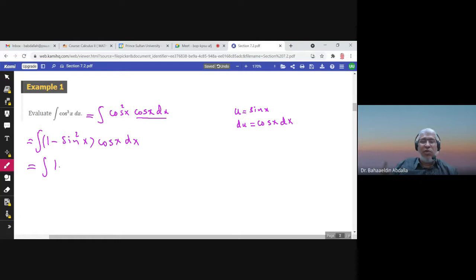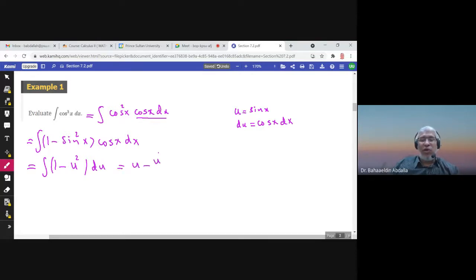The integral would be 1 minus sine x is u, and I have sine square, so I'll have 1 minus u square. And cosine x dx is du. So that's it. The integral changed from the integral of cosine cube to an easy integral. How to find this integral? The integral of 1 is u.